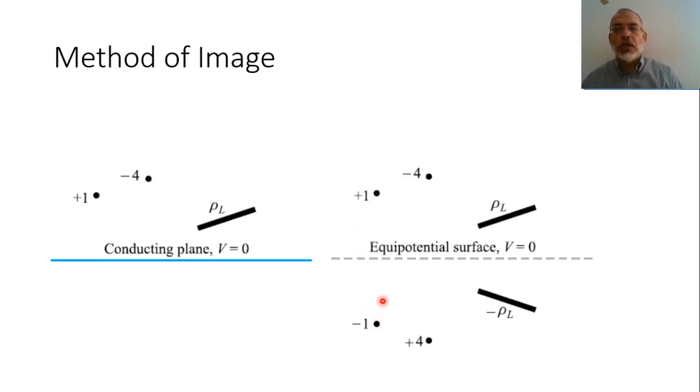It is as if I'm looking in front of a mirror: what is right for me is left in the mirror. So what is positive above the equipotential surface would be negative on the other side. Now we are going to remove the conducting plane completely, and the problem becomes the charge distribution and its image charge distribution, and so on.